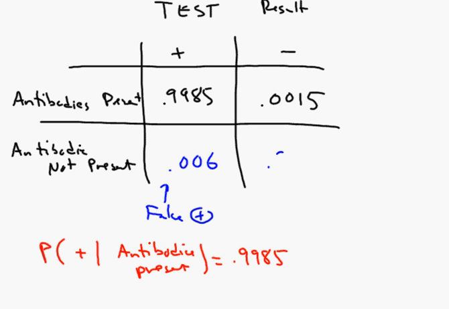And then that makes this number 0.994. That's the group, everybody, that you want to be in, right? This is saying that 99.4% of the people who do not have the antibodies in their blood, which means they haven't been exposed to the HIV virus, are getting a negative result.